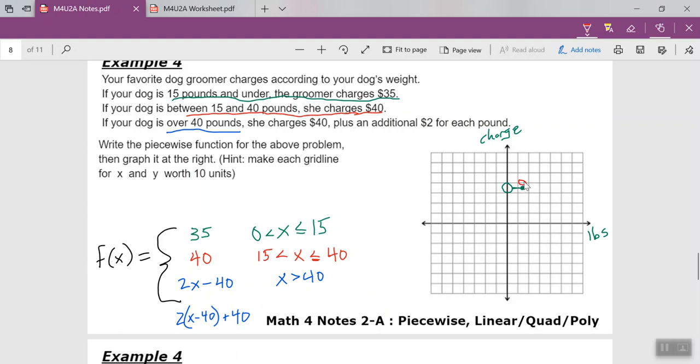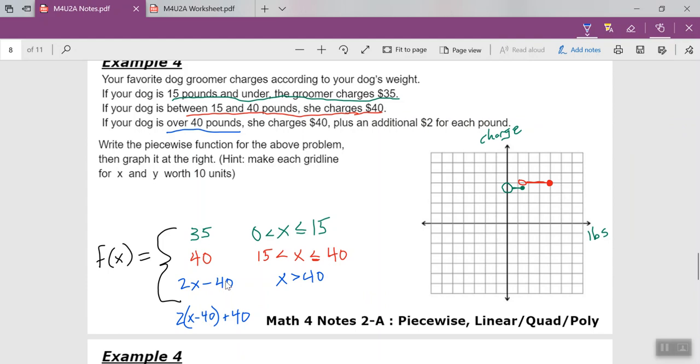And it's going to go from 15 all the way up to 40, 10, 20, 30, 40, with a solid dot there. Now at this point, we can already make the judgment call. Is this continuous or non-continuous? And the fact that the closed circle and the open circle are not sitting on top of each other, this is not continuous.